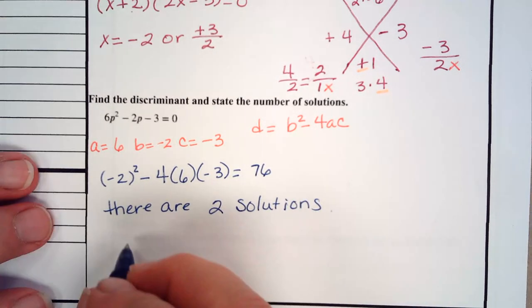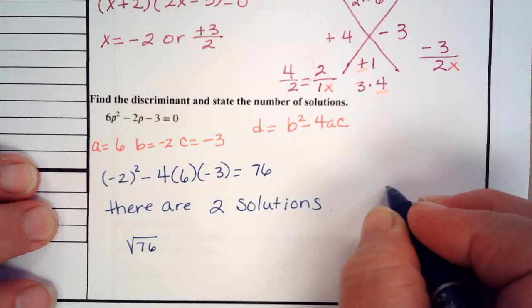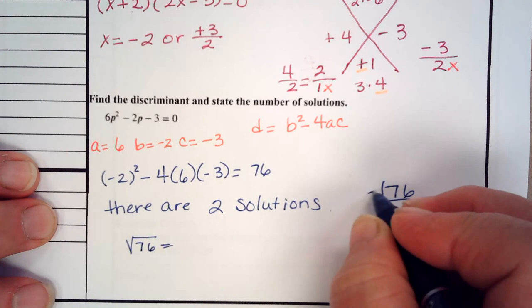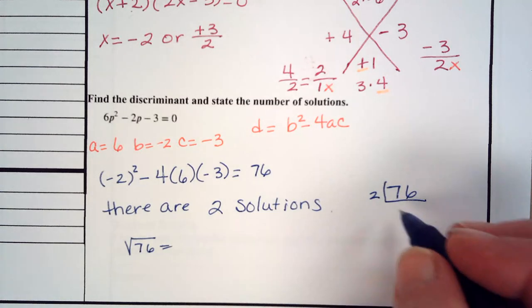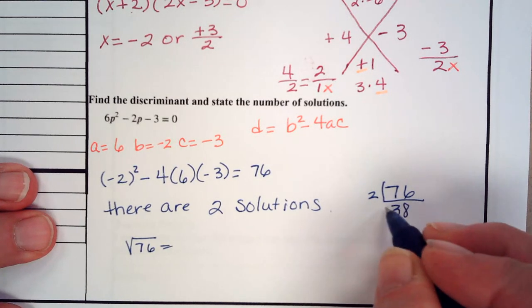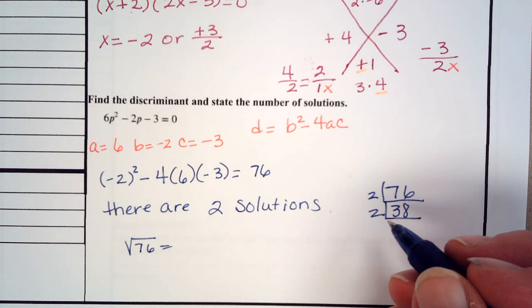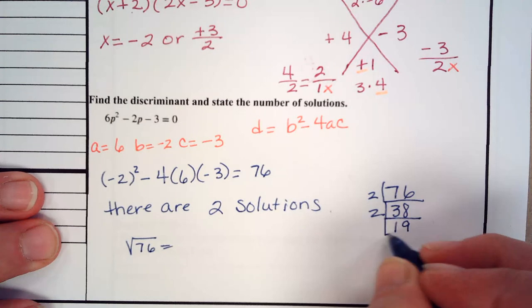Okay, what is the square root of 76? I can divide it by 2. I get 38. I can divide it by 2 again. I get 19. 19 is prime.